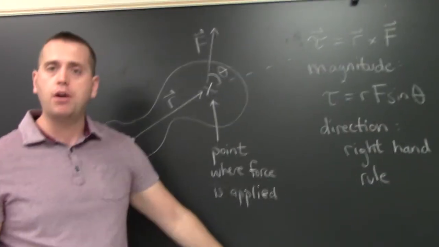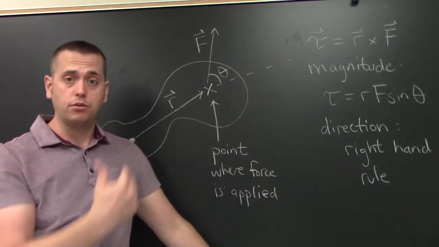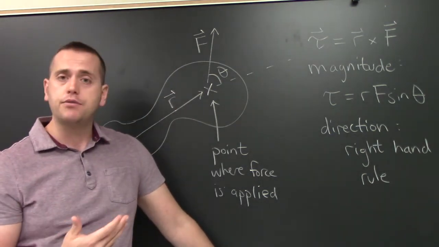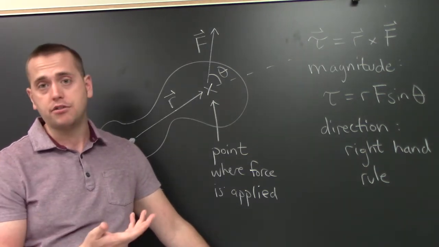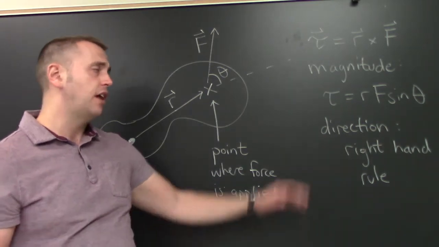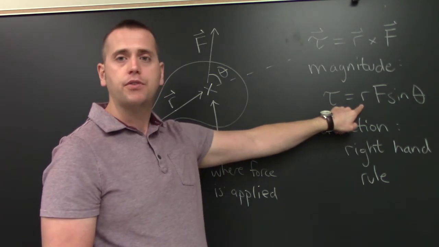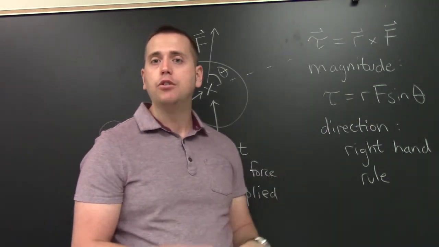Any cross product between two vectors gives you a vector. So torque is a vector itself. And like any other vector, we can refer to it in terms of its magnitude and its direction. Okay, so how do we think about the magnitude? Well, this is how any cross product works. You take the magnitude of the first vector, the magnitude of the second vector, times the sine of the angle between the two vectors.